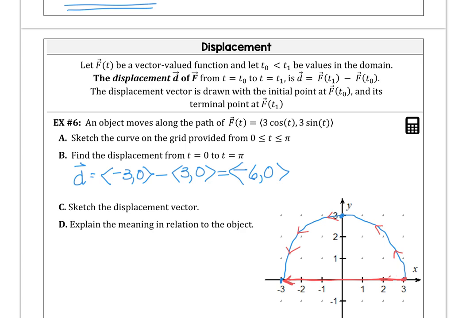Explain the meaning in relation to the object. The object ended up at a distance 6 units from its initial location. Let's write that in a complete sentence.